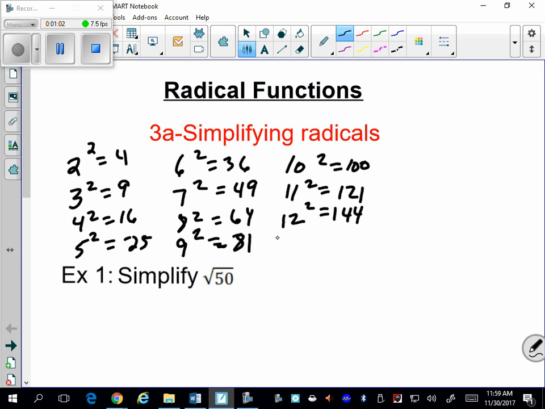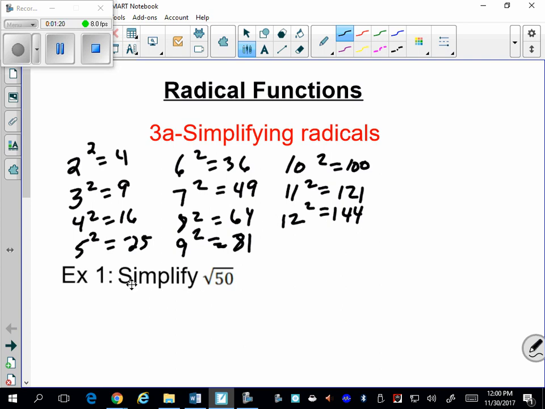You can memorize further. Really, the ones you have to memorize, or you should know, are 2 through 10, definitely. So memorizing these is one method of simplifying radicals.